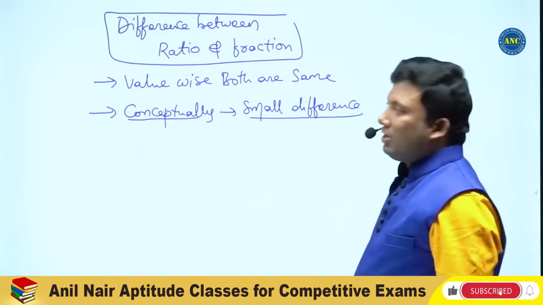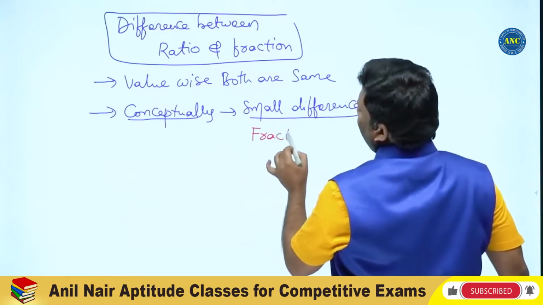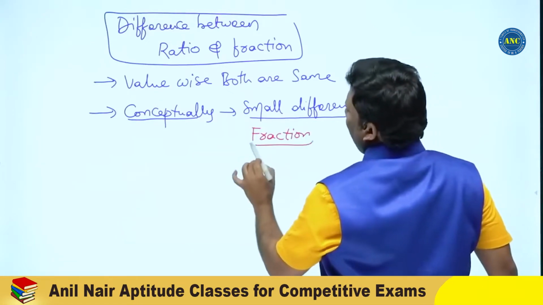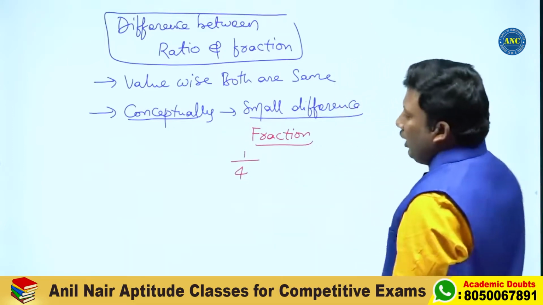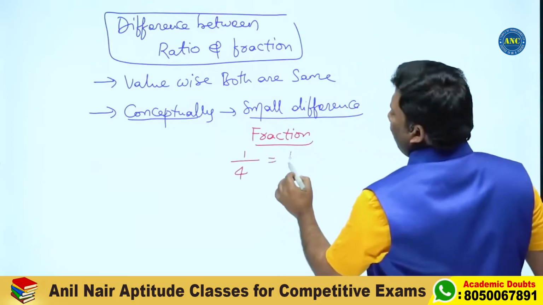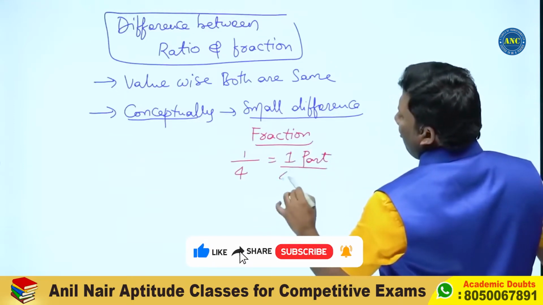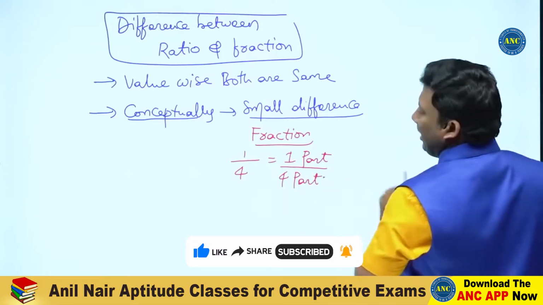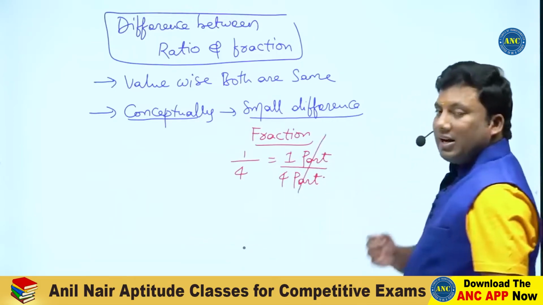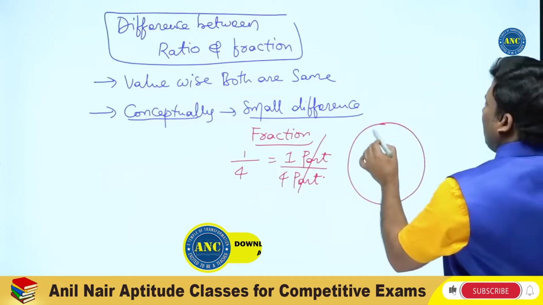What is the difference? If I say fraction, 1 by 4, the meaning of this 1 by 4 is that I am taking one part out of 4 parts. There is a pizza.